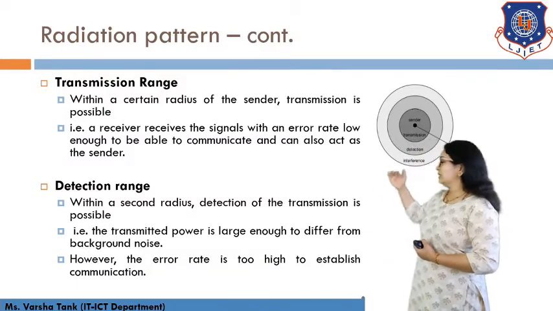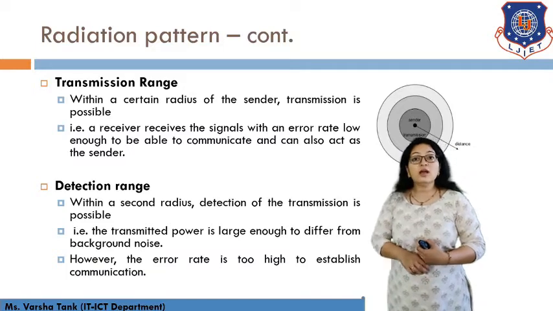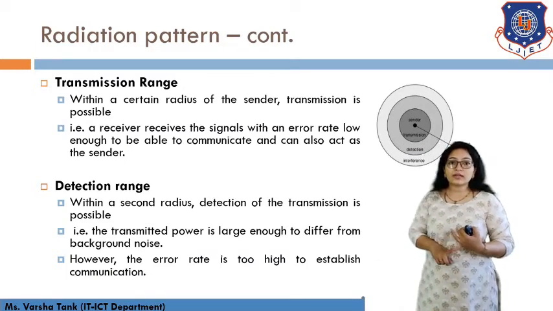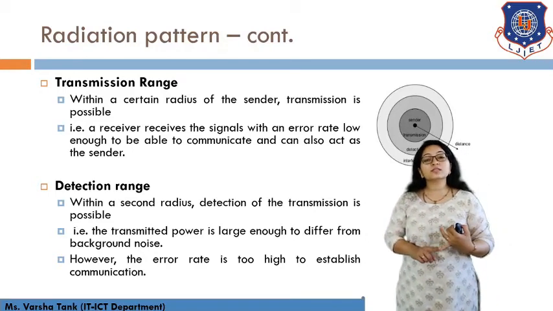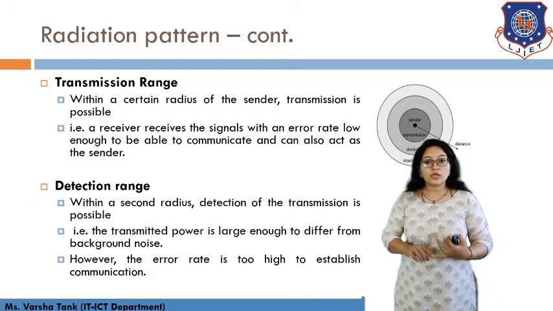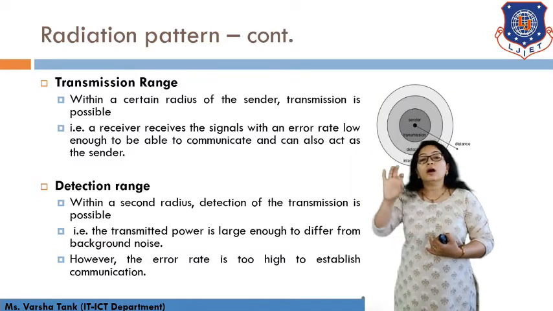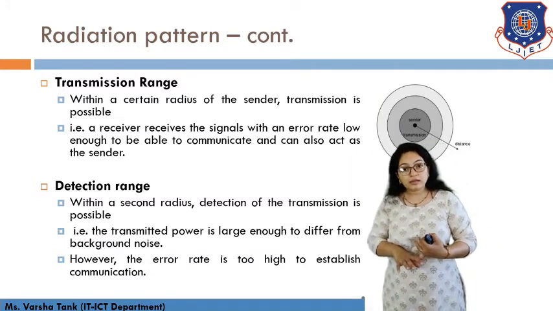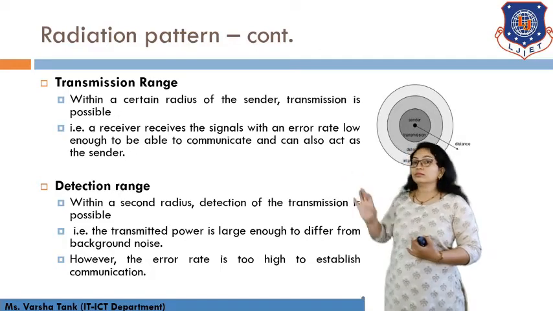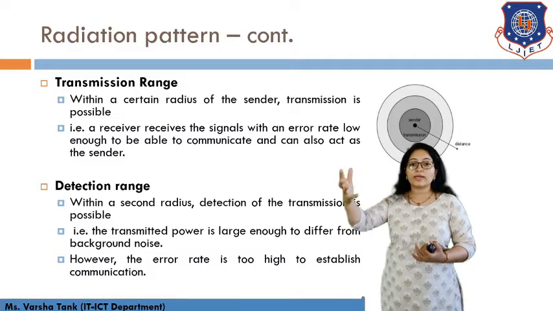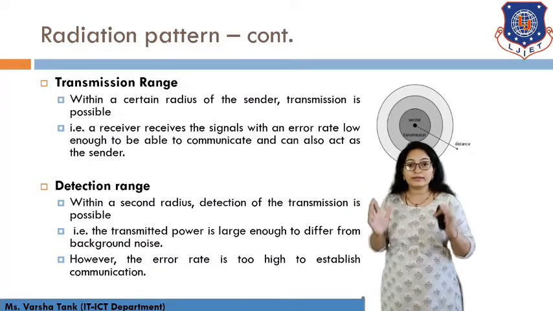Here you can see the description is given. Transmission range: within a certain radius of the sender, transmission is possible. Suppose you have the capability to throw a ball up to 10 meters. Similarly, base stations have the capability to radiate the signal only up to a particular distance.